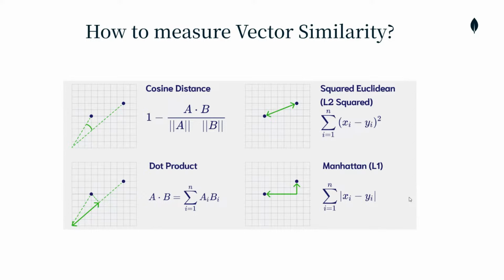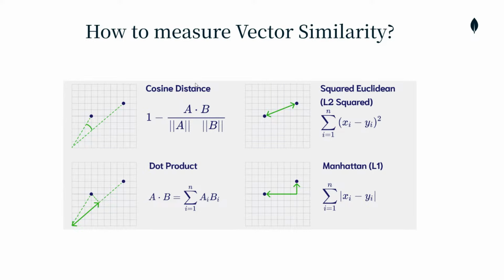So now, how to measure the vector similarity between two vectors? There are basically four main functions. One would be squared Euclidean, which is basically the closest path, the closest distance between two vectors. We have Manhattan, which is the same, but that allows us only to go on the coordinate axes.